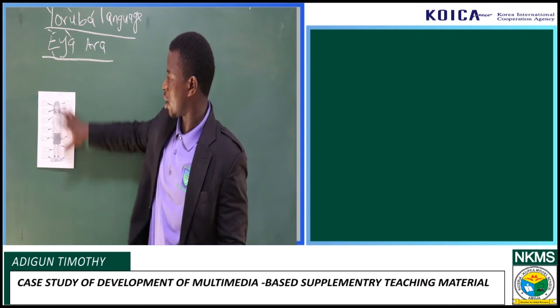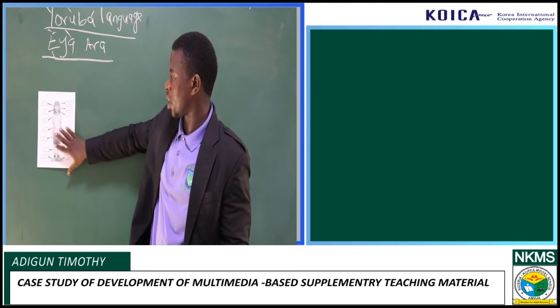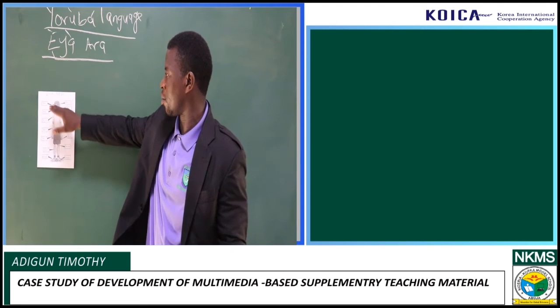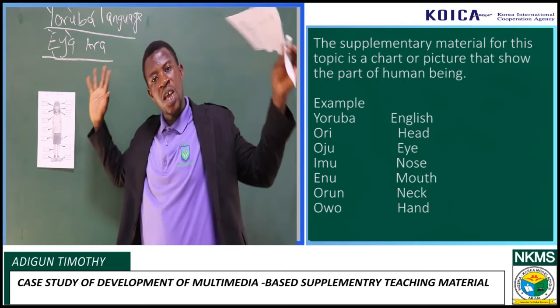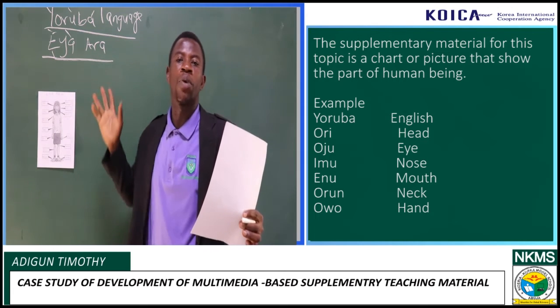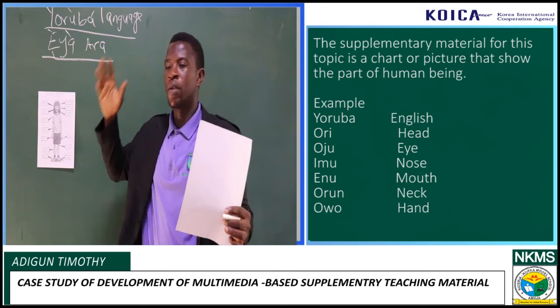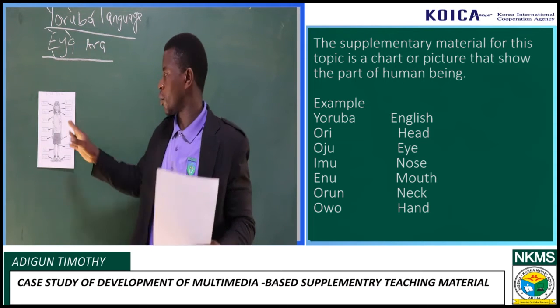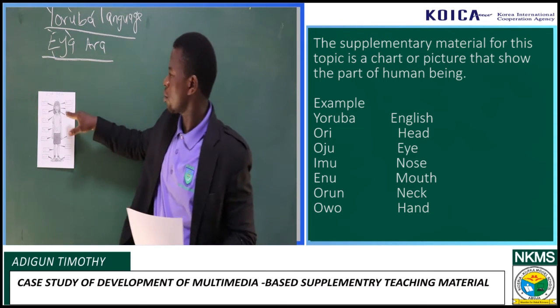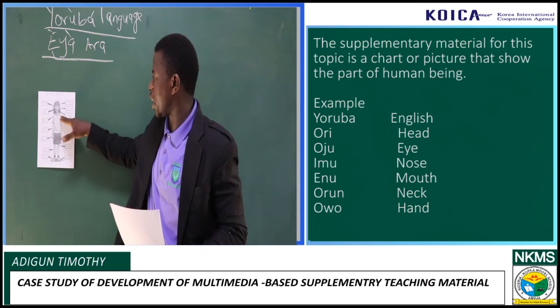This part of the body here, everyone has a name. Number 1, we have Ori. Ori is a head that comprises eyes, nose, hair, mouth, and so on and so forth. Now, Ori is head.